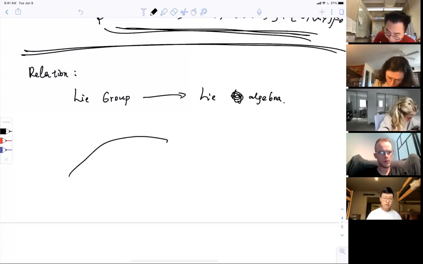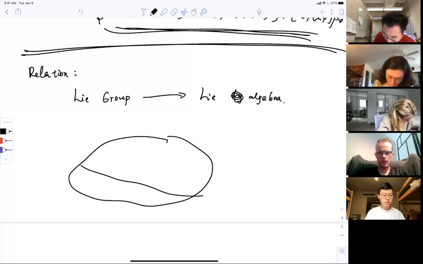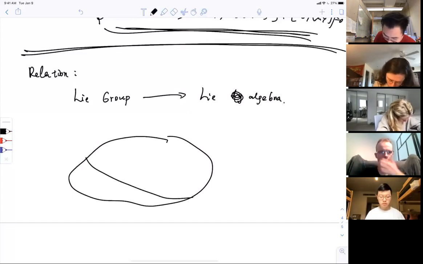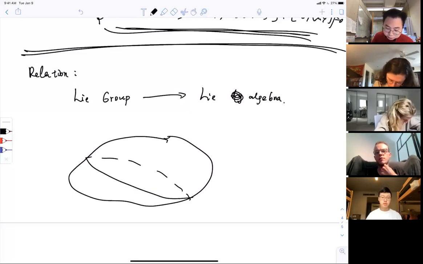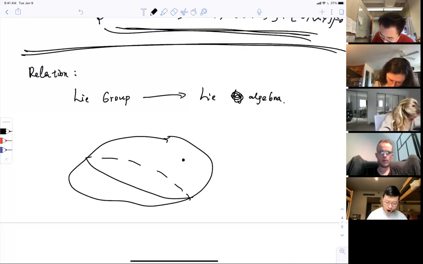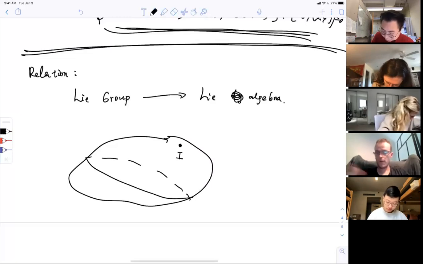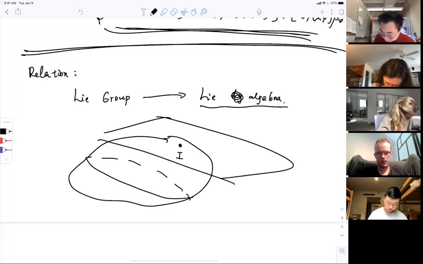Remember, a Lie group is a manifold, right? Let's see some manifold, and each point in the manifold corresponds to an element in the group, right? So let's assume this point is the identity element. Then the Lie algebra is nothing but the tangent plane of this Lie group at the identity.